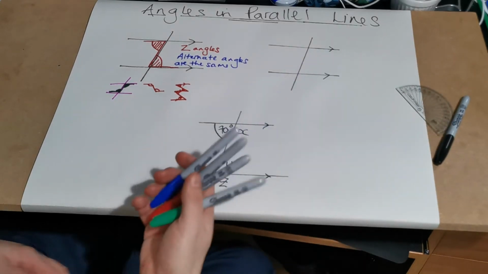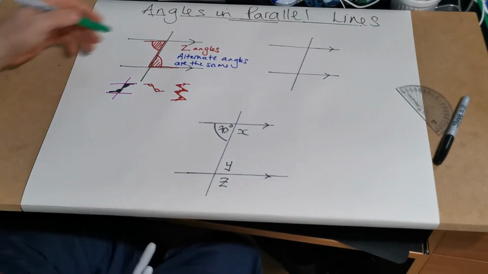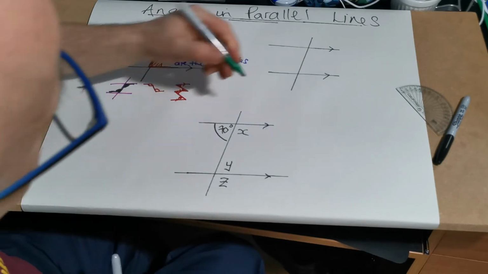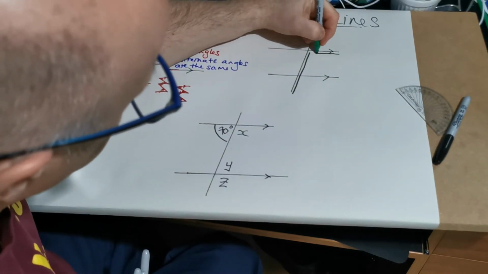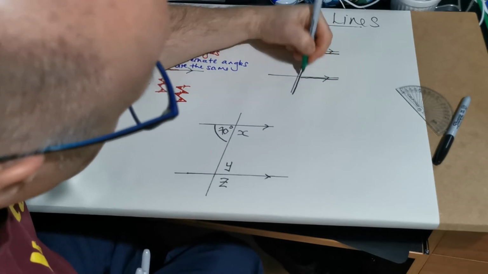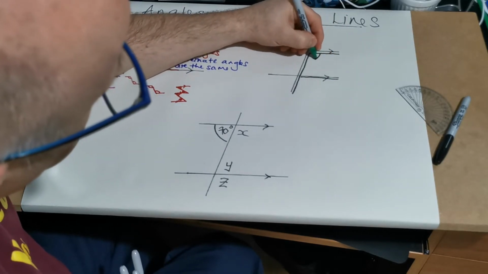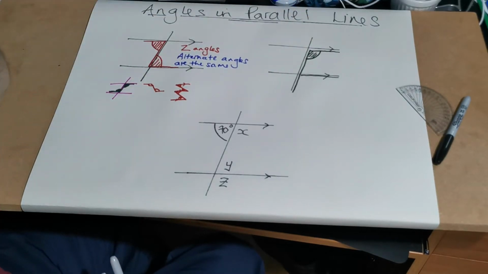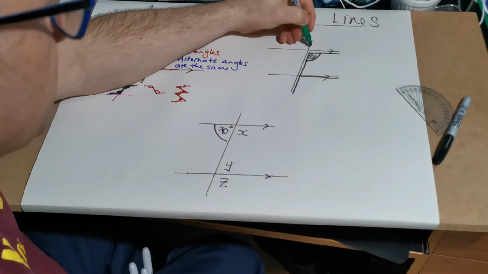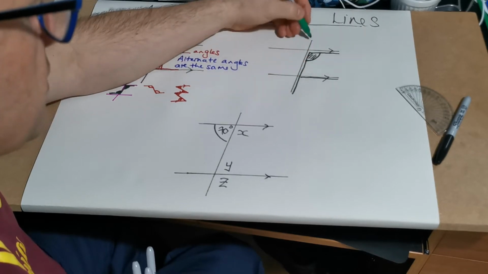Now, if I think on a second one, and I was to draw this, and I was to look with this obtuse angle here, that's underneath the parallel line and touches the line that goes across.